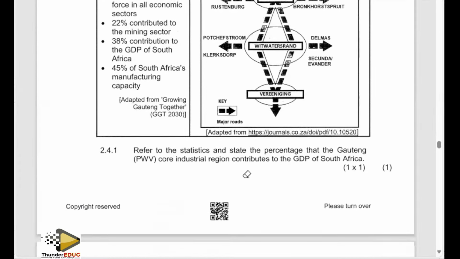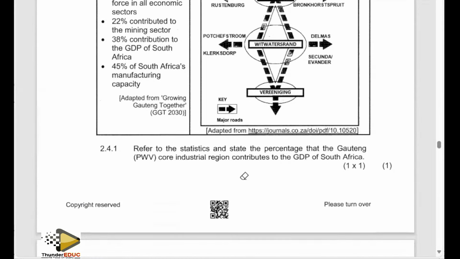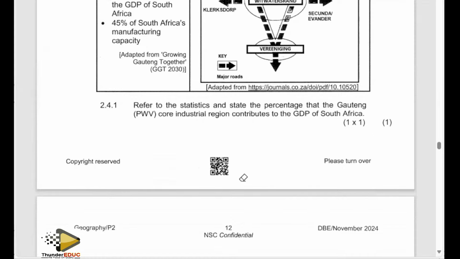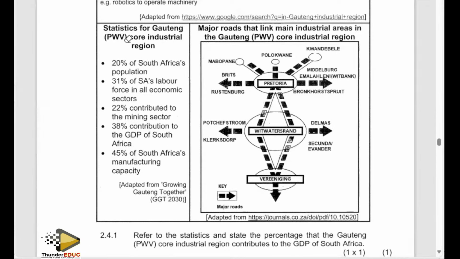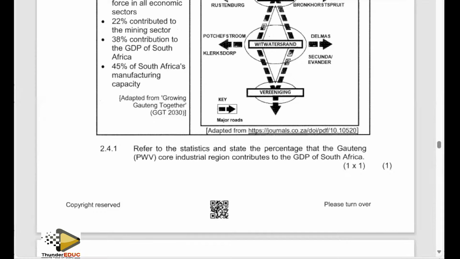Right. Let's go to question number 2.4.1. Refer to the statistics and state the percentage that the Gauteng PWV core industrial region contributes to the GDP of South Africa. Right, we are looking at the statistics here. We go to our infographic. Statistics are shown in this box here. We want the contribution to the GDP of the country.